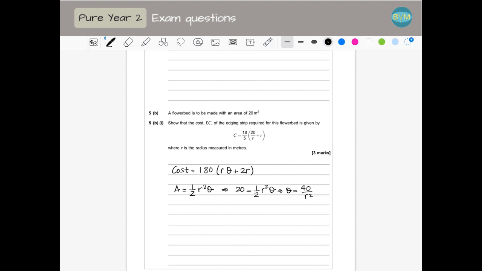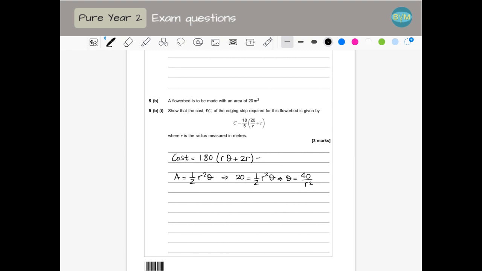So if I go back to my expression of the cost, the cost is going to be 1.80 times r times 40 divided by r squared. I'm only substituting theta, which is 1.80 times 20 divided by r plus 2r.